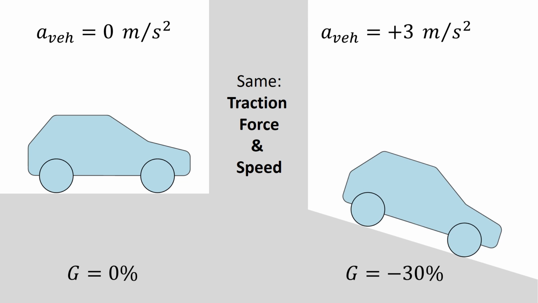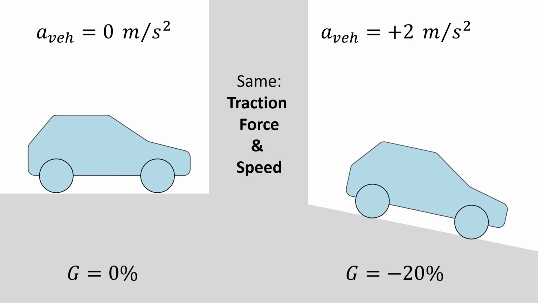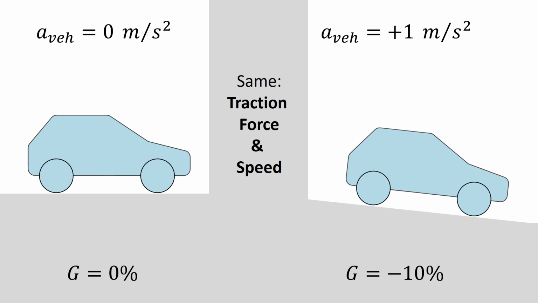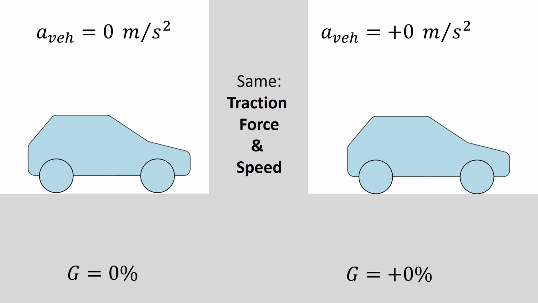On a -30% gradient, the gradient force will create a net force forward, which according to what we just derived will lead to an acceleration equal to the acceleration of gravity, 9.8 meters per second square, times the gradient, 30%, which is approximately +3 meters per second square. Similarly, for -20% we get +2 meters per second square, and for -10% we get +1. And of course, the flat road is our reference case, leading to no acceleration.